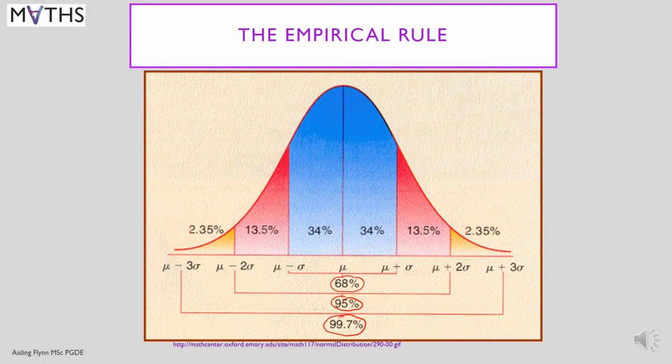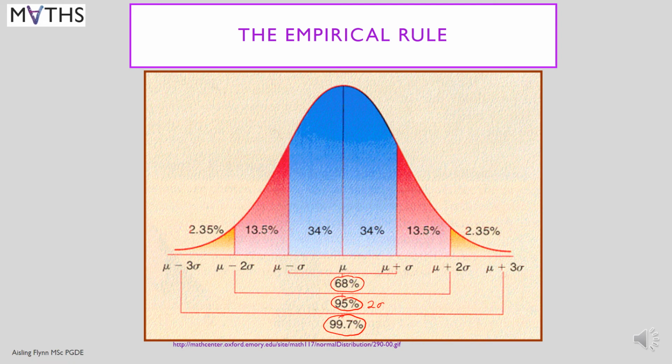Okay, so this diagram is nicely split up into different sections. So we get the 34 and the 34. Those two combined left and right gives us 68%. So where did the 13.5 come from? Recall that for two standard deviations left and right, we had 95%.